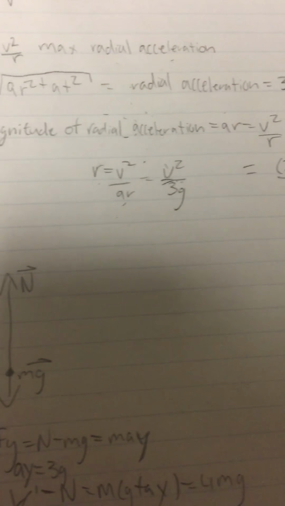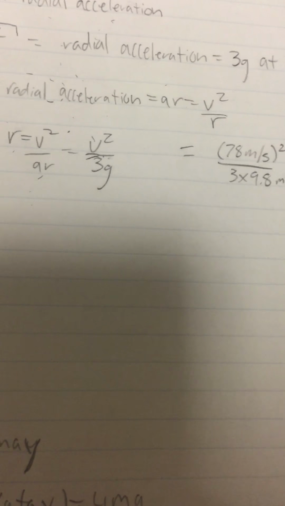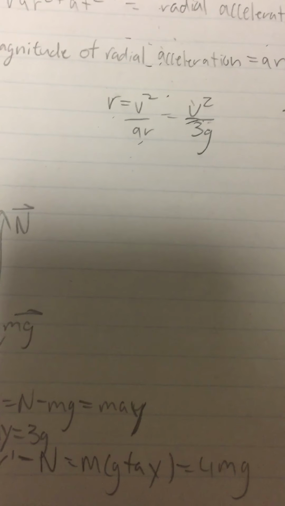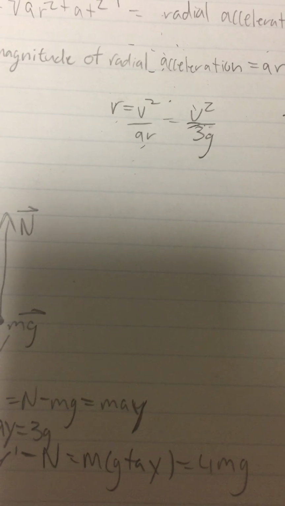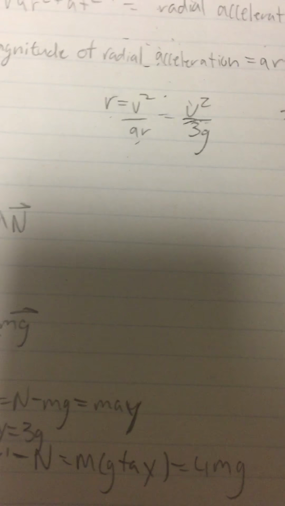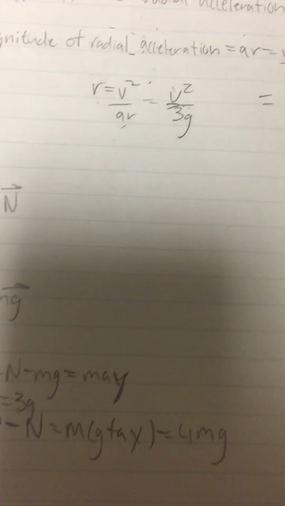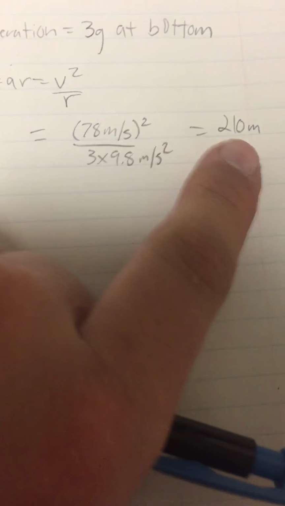And so the magnitude of the radial acceleration is a sub r equals v squared divided by r, and we know that r is equal to v squared divided by a sub r, which is equal to v squared divided by 3.0 g. And I plug in my values for that, and I got 210 meters.